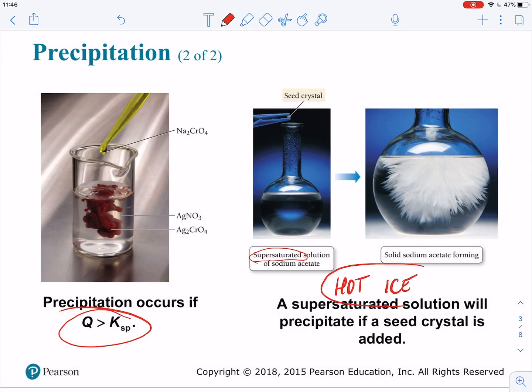There are several demonstrations with hot ice, which is basically sodium acetate precipitation from supersaturated solutions. That is more general culture for you, nothing that we're going to test on the exam or anything. So we are leaving supersaturated solutions out of the content.